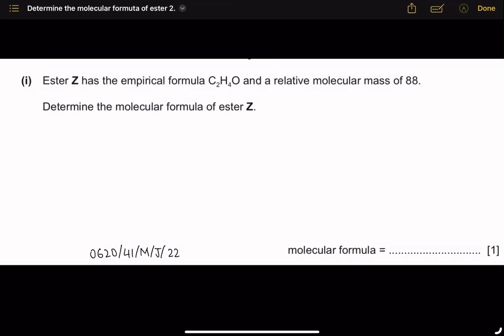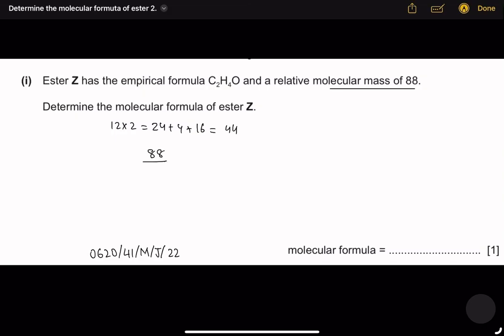The next question says that ester Z has the empirical formula C2H4O and a relative molecular mass of 88. So first we have to calculate the empirical formula mass, which will be 12 times 2, which is 24, plus 4 plus 16, which is equal to 44. Now we have to divide the relative molecular mass by the empirical formula mass.